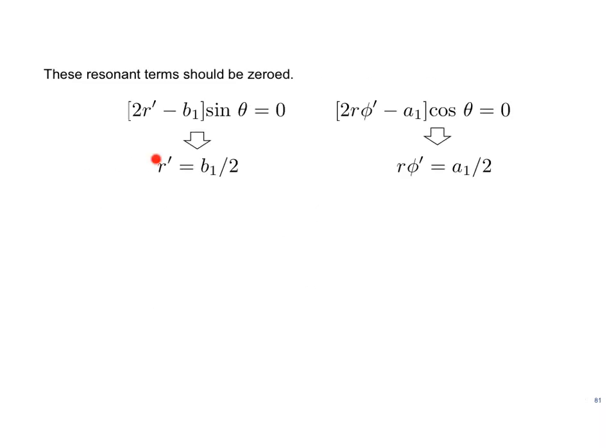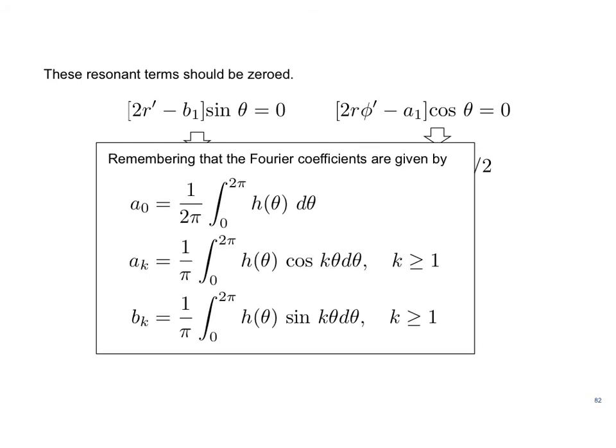This is the equation we want to solve, but we need the definition of a1 and b1, and here it is. So we have a1 and b1, and this is the function h with respect to theta.